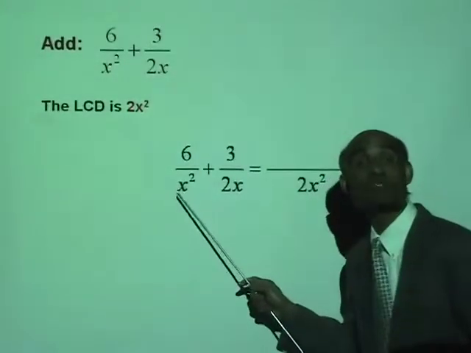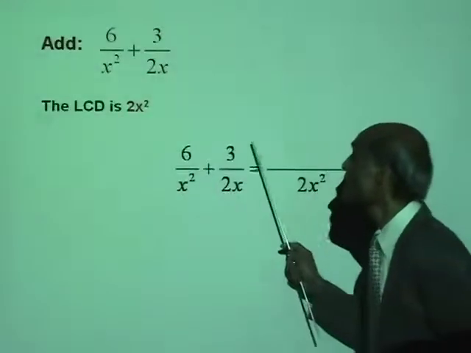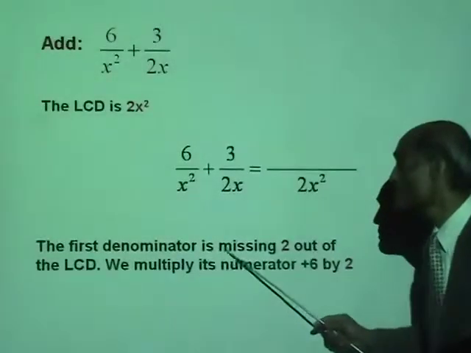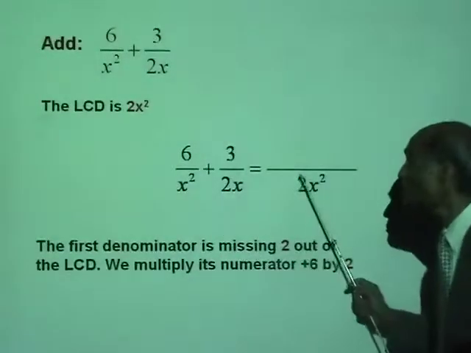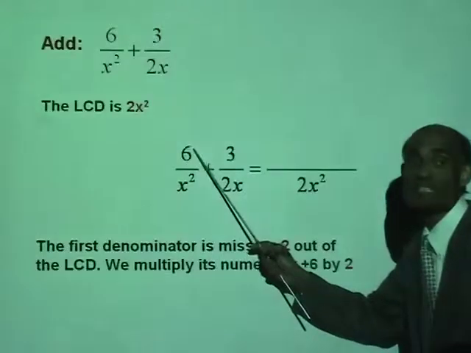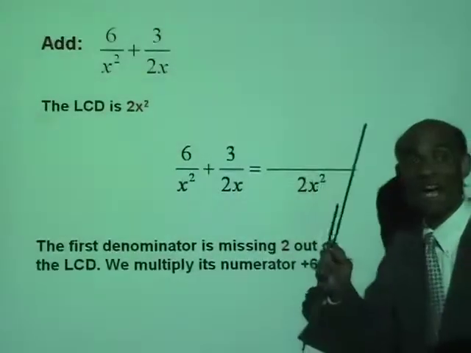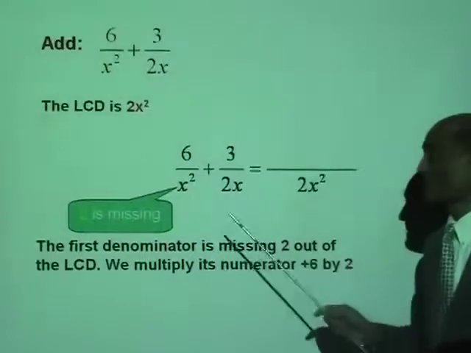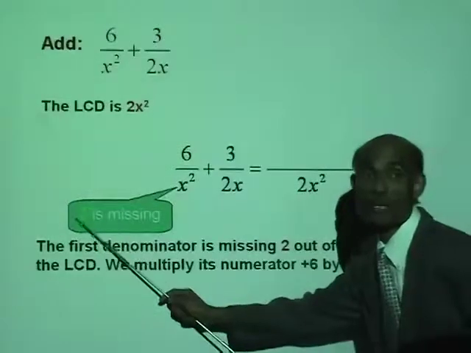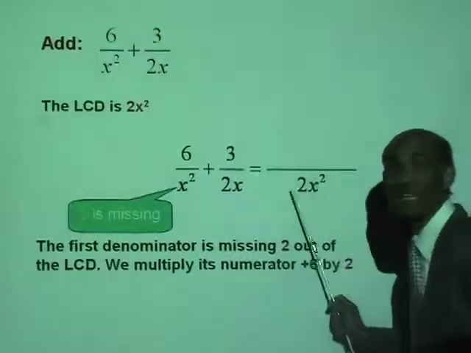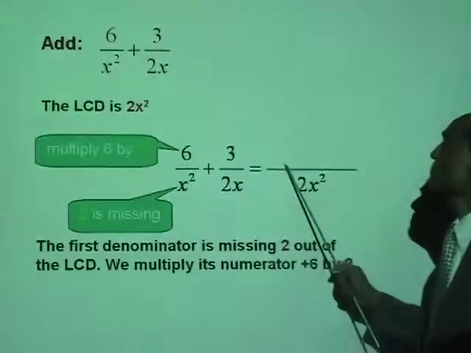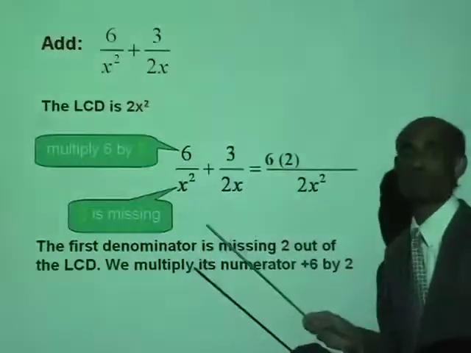What is missing here is a 2. So this 6 will get multiplied by 2. The first denominator is missing a 2 out of the LCD. Therefore, its numerator 6 will get multiplied by that missing factor. And we write it there, 6 times 2.